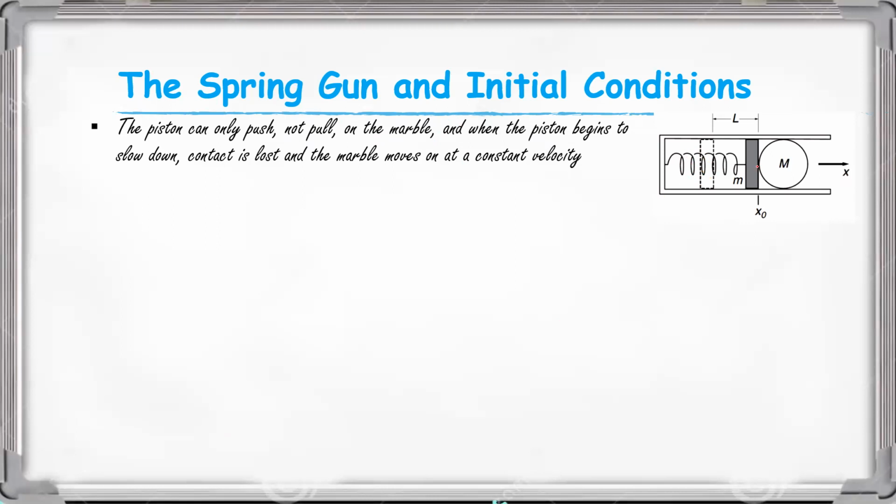Initially the spring is compressed, and when it is detached, the piston and marble must move forward.